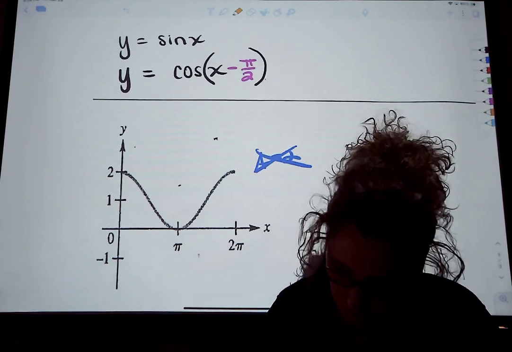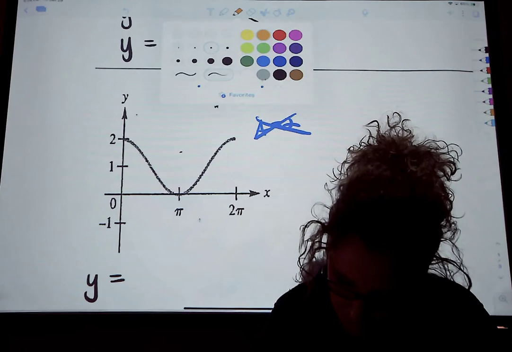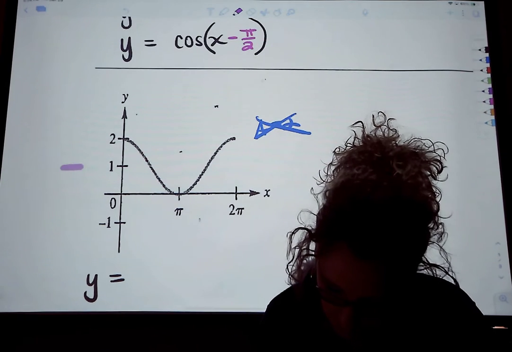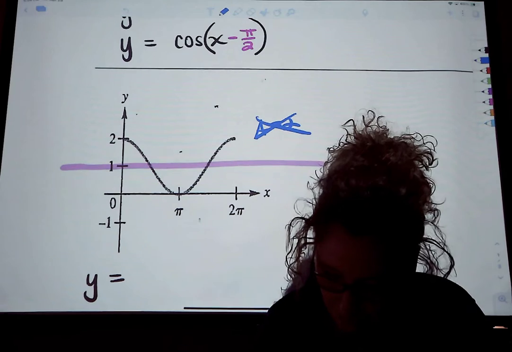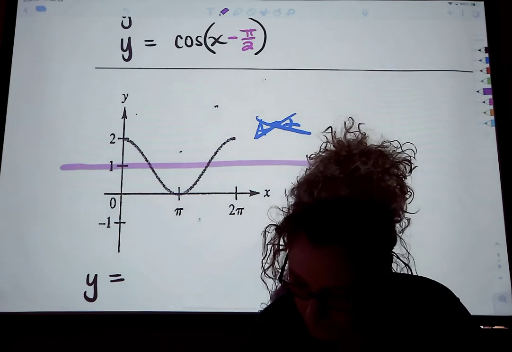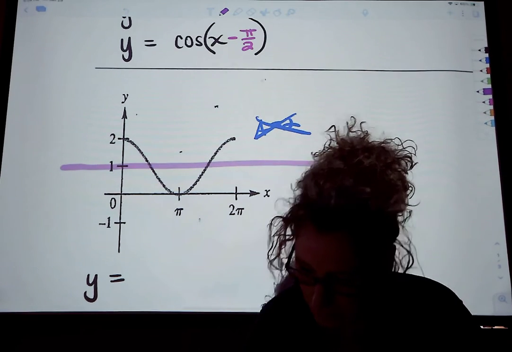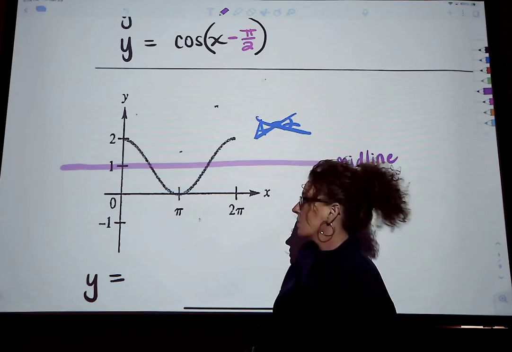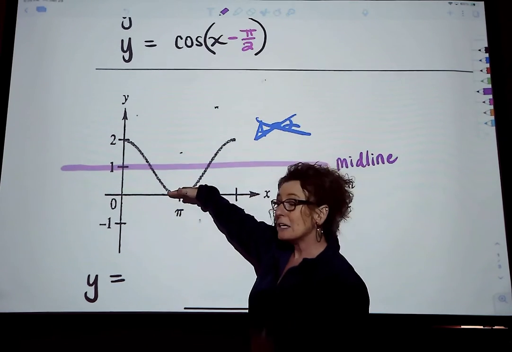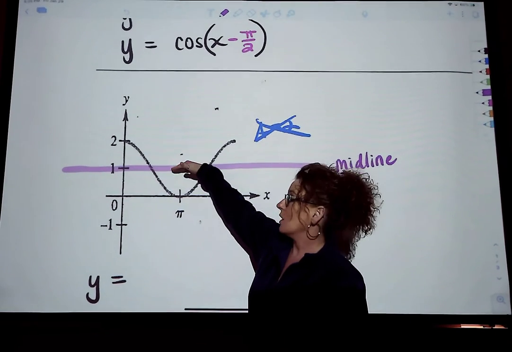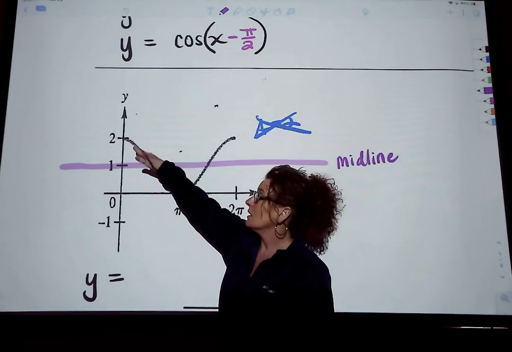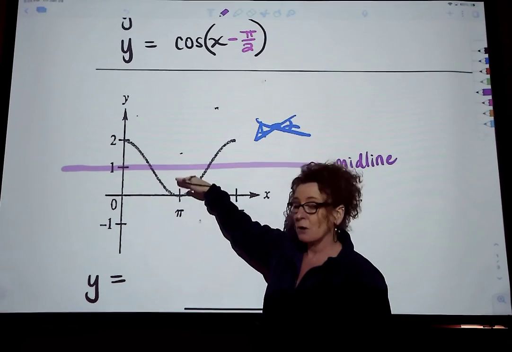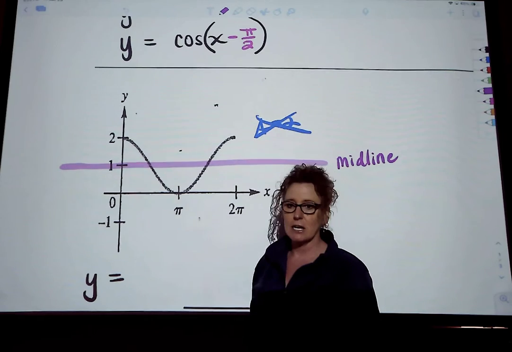Where is the middle of this graph? The middle of the graph is right there. Do you see how what is normally the middle of the graph is now up here? Because cosine always goes above the middle and below the middle. So the middle has to be here.